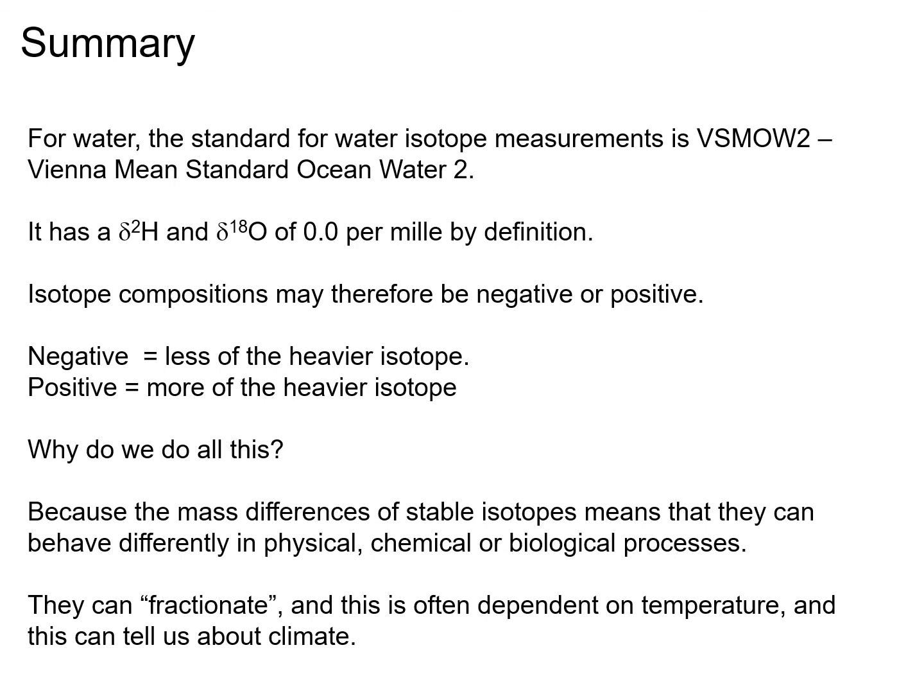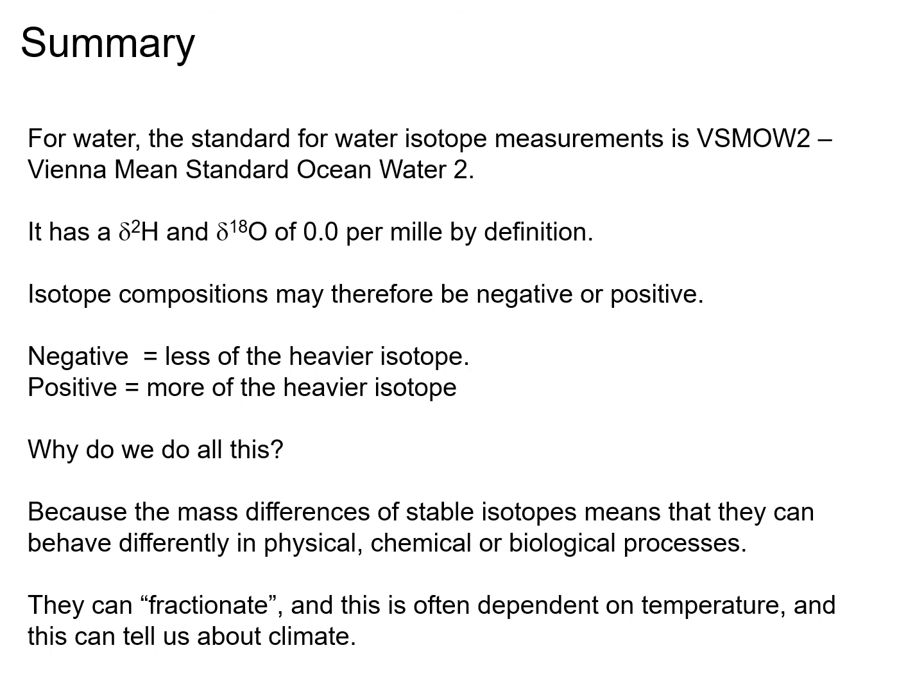It is just a large sample of ocean water that was collected by the scientific community and then measured in great detail to work out the isotopic composition of the water molecule. Then it was packaged up and sent to laboratories around the world so that everyone had a common standard value. The value that's been given, by definition, is 0 per mil.